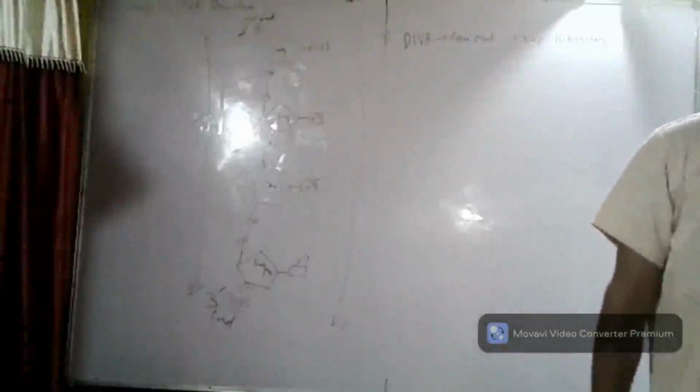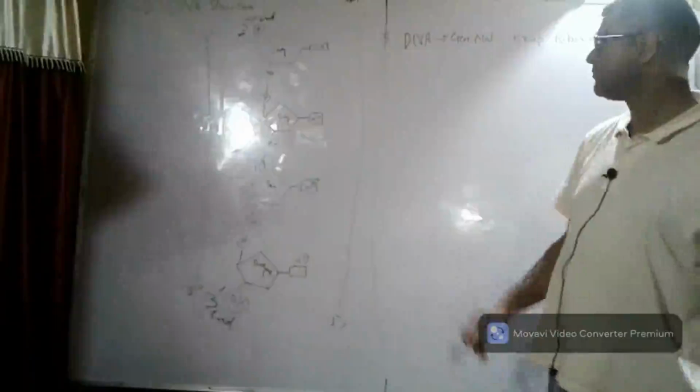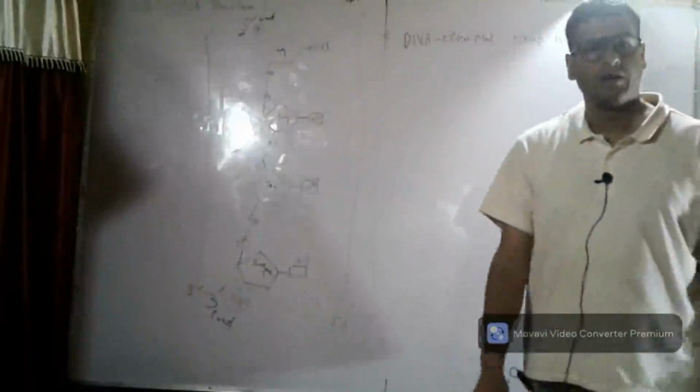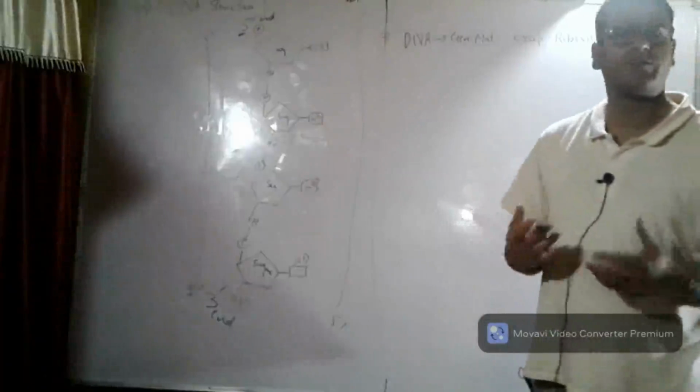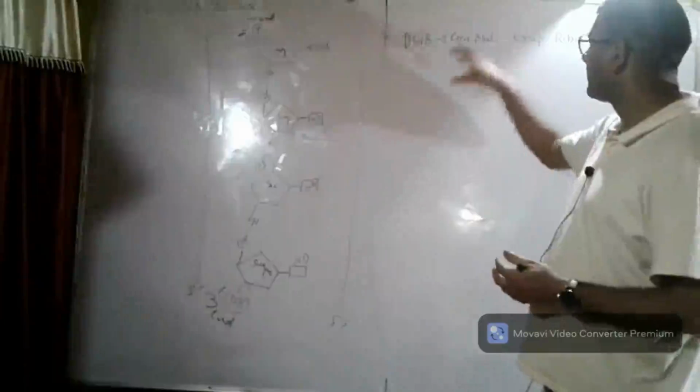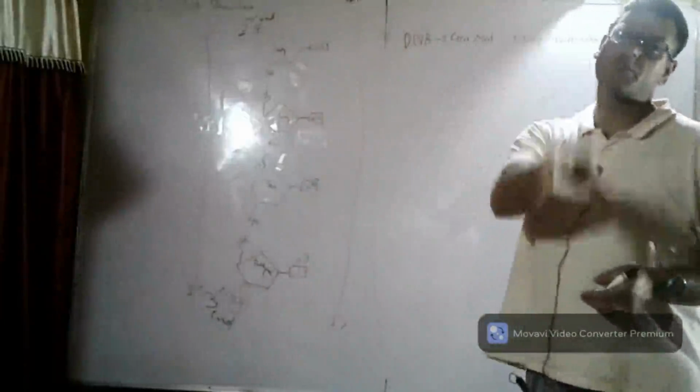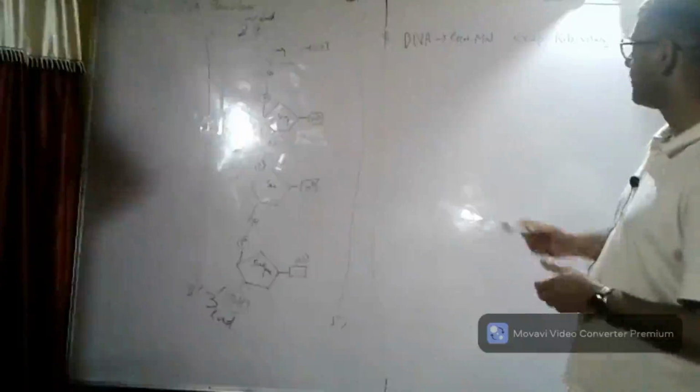Riboviruses are those viruses where RNA is a genetic material. For example, we have HIV virus, we have coronavirus, we have tomato mosaic virus, we have tobacco mosaic virus. These are riboviruses where RNA is a genetic material. Whereas in case of prokaryotes and all eukaryotes, we have DNA as a genetic material.